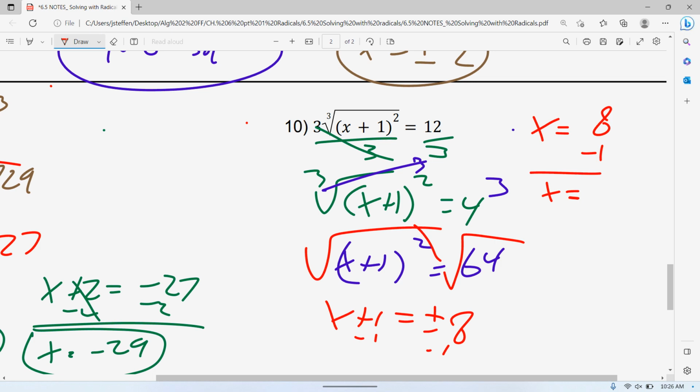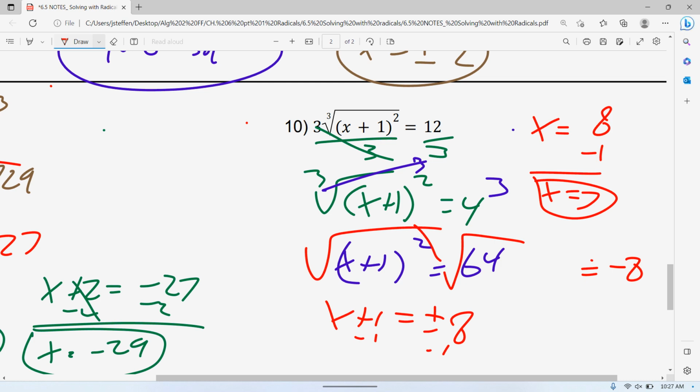But also x is equal to x is equal to negative 8. So now when we subtract 1, we're subtracting negative 8.